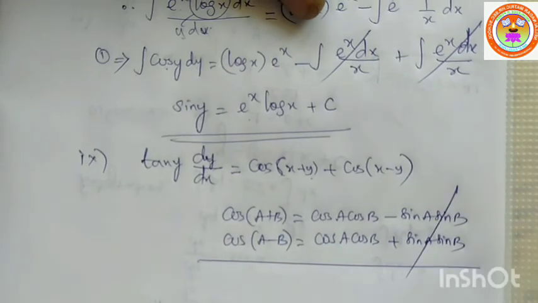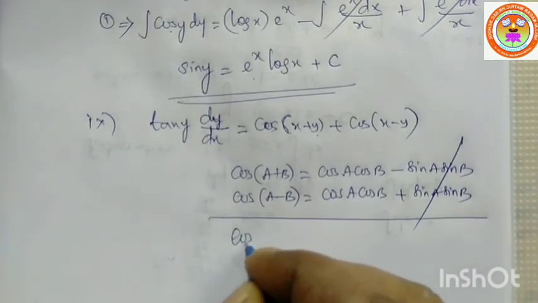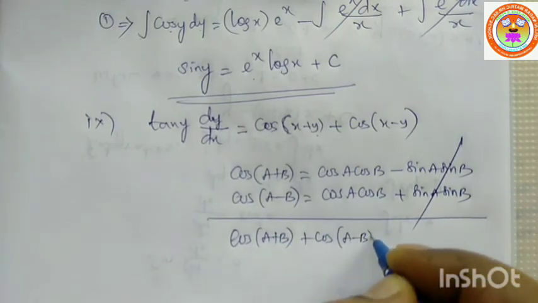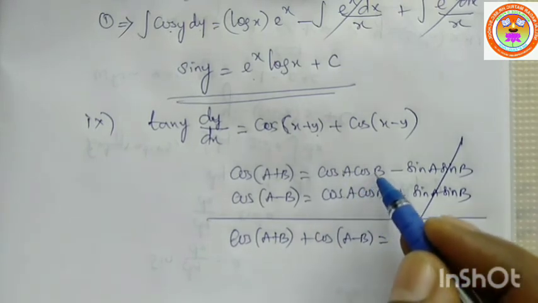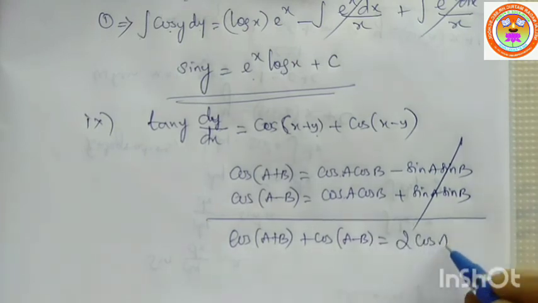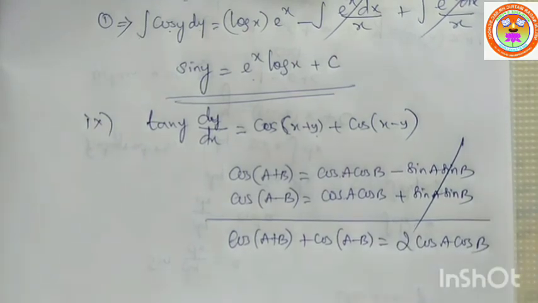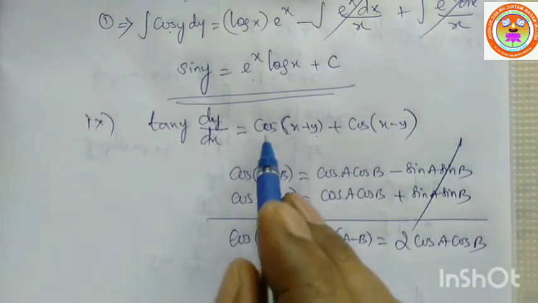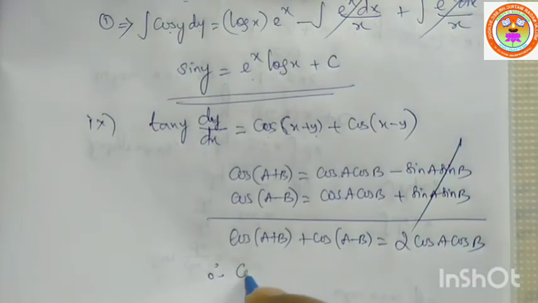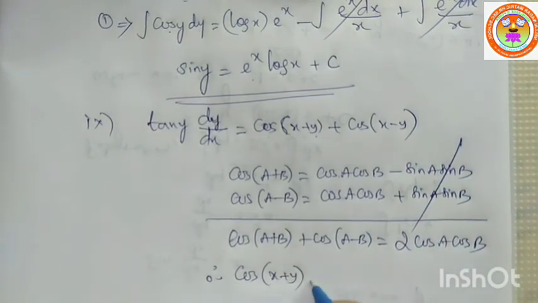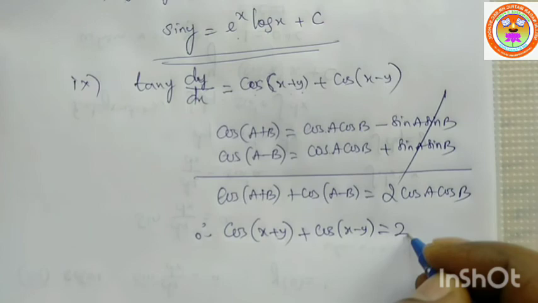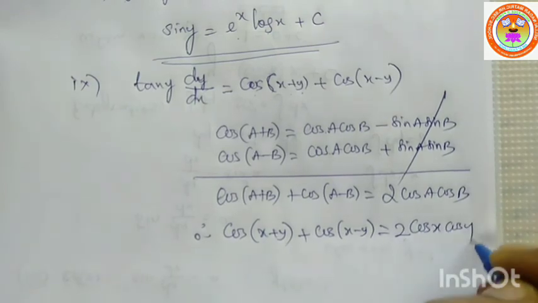When we are adding the two terms, we will get cos of a plus b plus cos of a minus b, which is equal to 2 times cos a cos b. So we can simplify this term: cos of x plus y plus cos of x minus y can be written as 2 times cos x cos y.